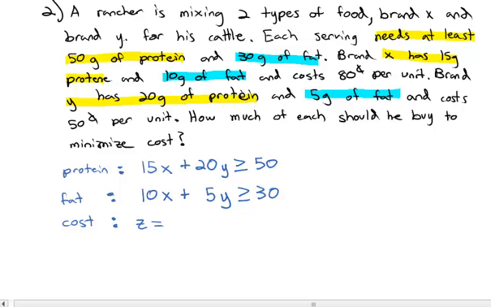Finally, the cost, that's what we're going to try and minimize. Brand X has 80 cents per unit. Brand Y is 50 cents per unit. So the cost, we get 80 for every X plus 50 for every Y.